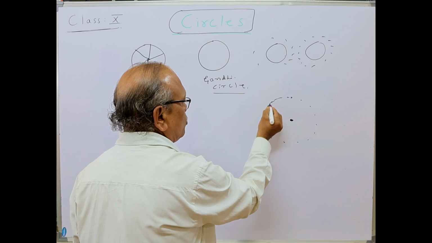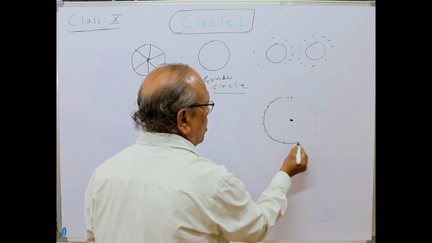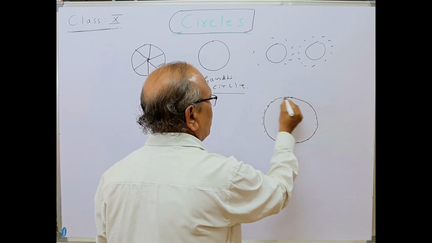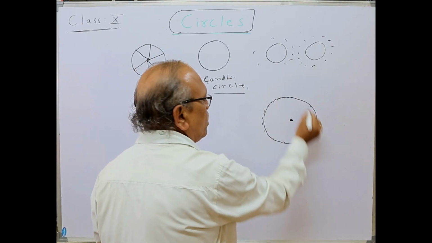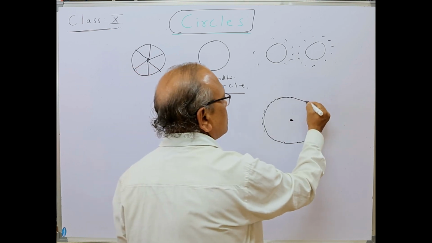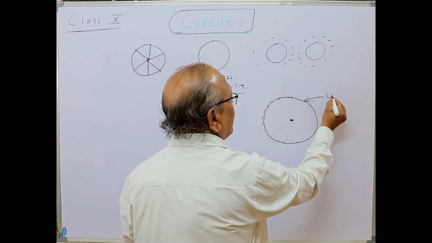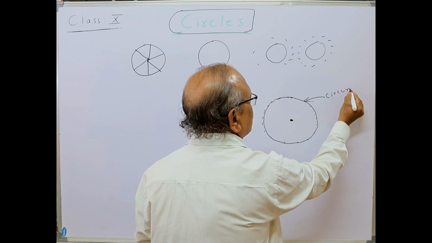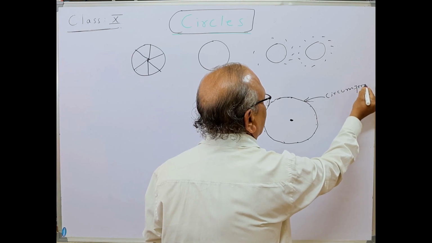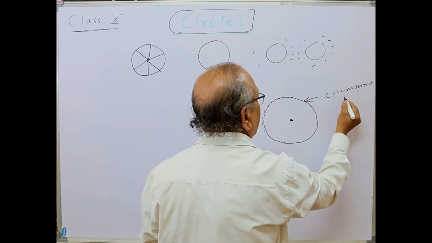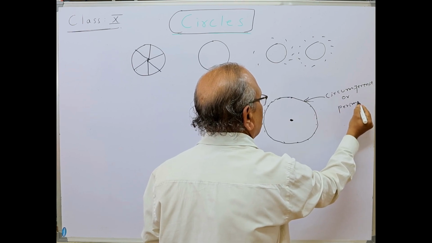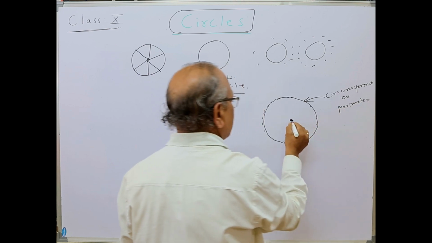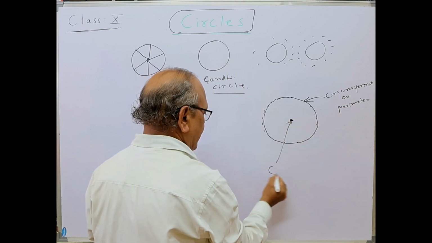If I draw a smooth curve passing through all these points, you will get the shape of the circle. This smooth curve, we call it the circumference of the circle, or perimeter of the circle. And this fixed point, we call it the center of the circle.